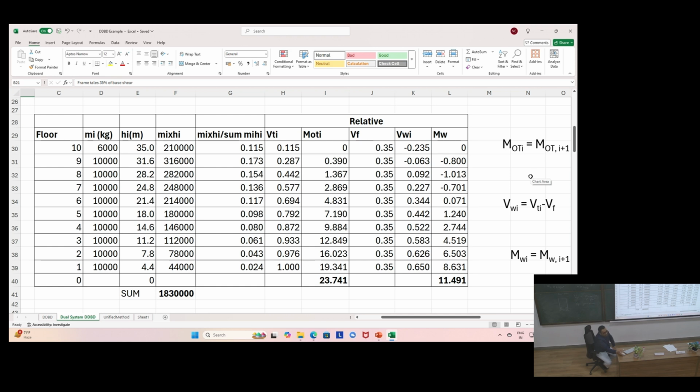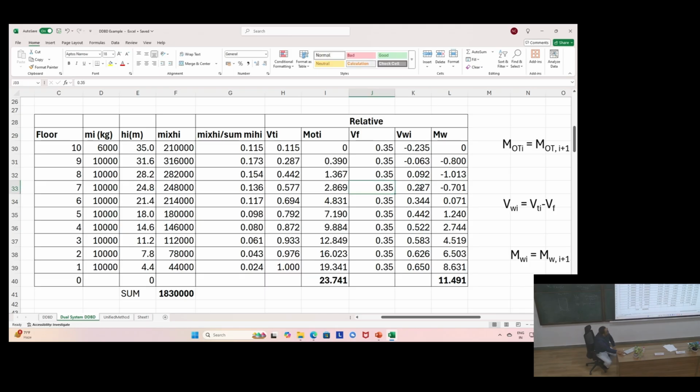And because it's relative, so we are dealing with ratios, so 35 is a relative base shear. So the base shear in the wall, or the shear in the wall, then is the shear on the story minus 0.35, which is your relative shear of the frame.